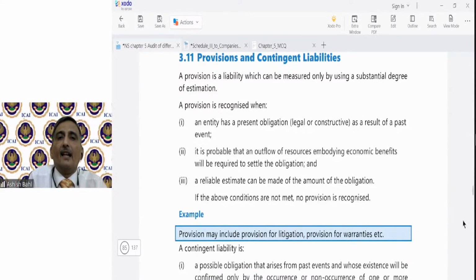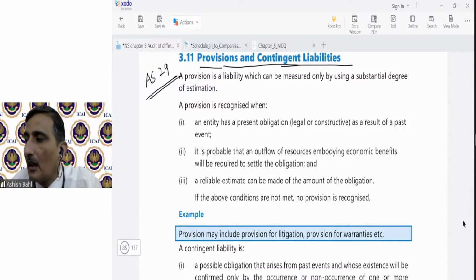So there is another head relating to provisions and contingent liabilities. Students, this is mostly on the basis of AS29, which you would be reading in your accountancy classes. Ankur Patel, you are writing yes, but all others are writing no. So I assume that you have not done it.